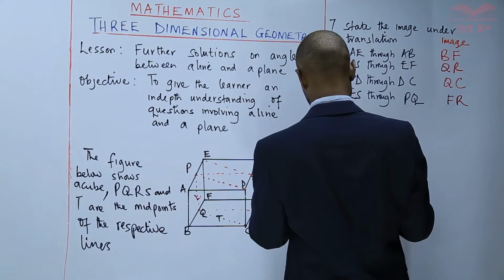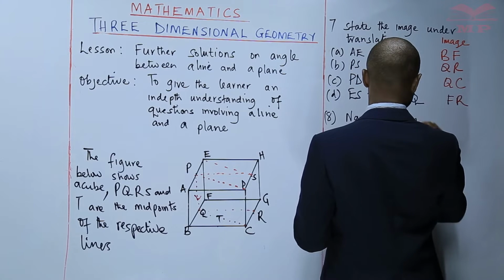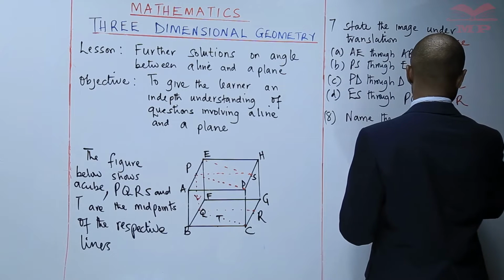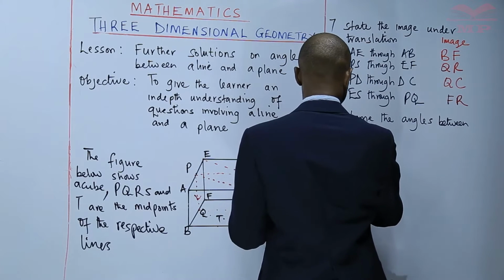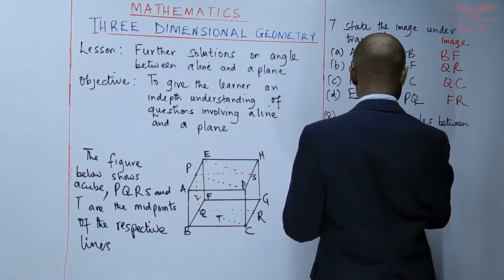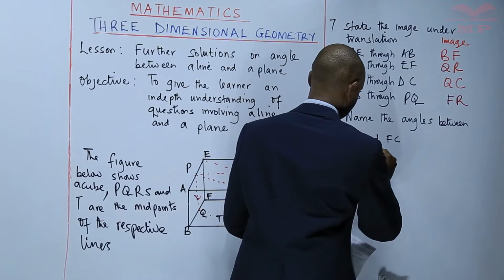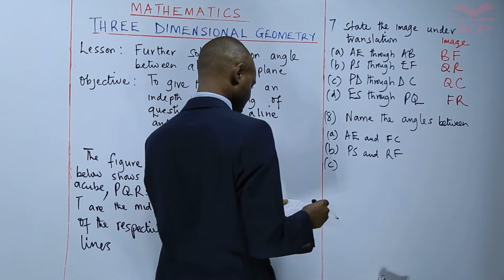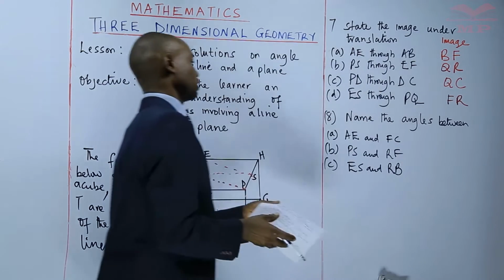Name the angles between: A, AE and FC; B, PS and RF; C, ES and RB. So, straight to our diagram again.